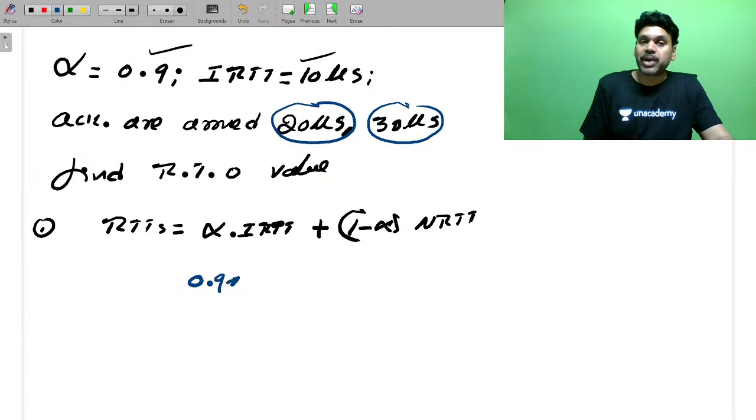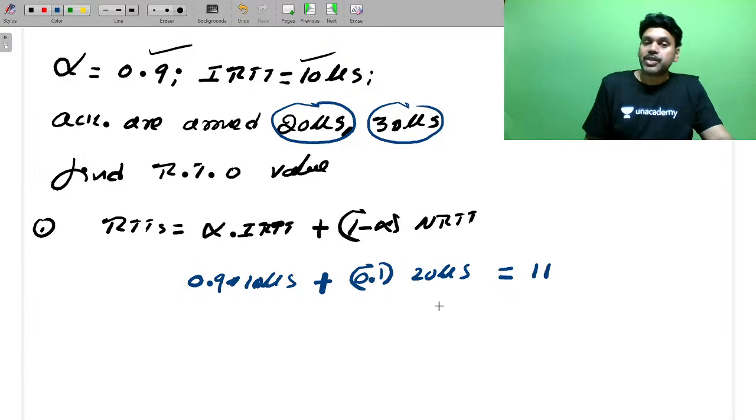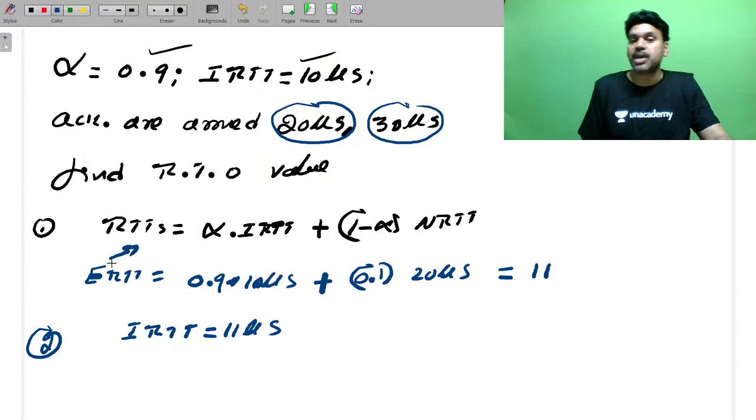So it is 0.9 into your 10 microseconds plus 0.1 into your 20 microseconds. You got how much? 11. So this 11 is going to be your IRTT, the previous one only. This is your ERTT, estimated RTT, also called smoothed RTT.